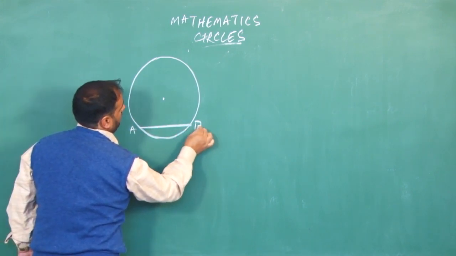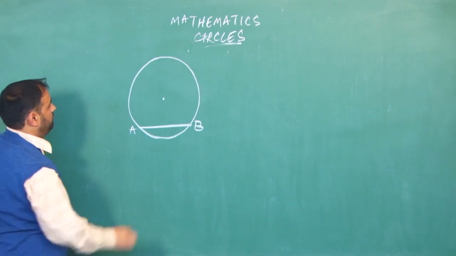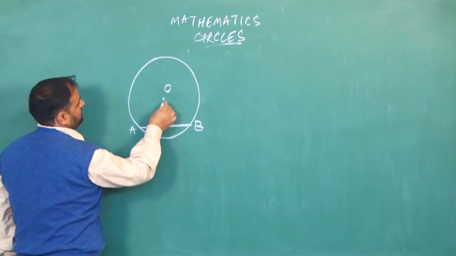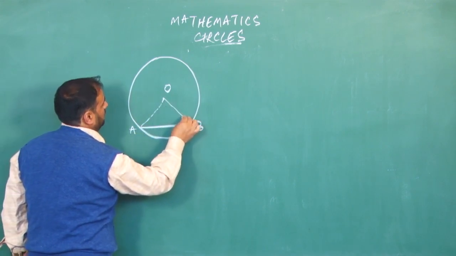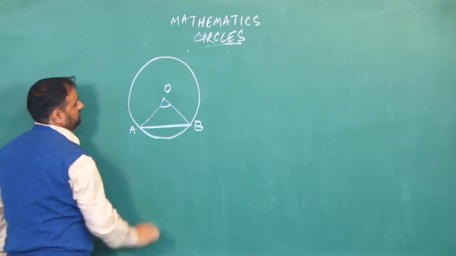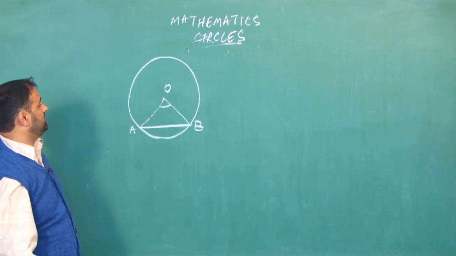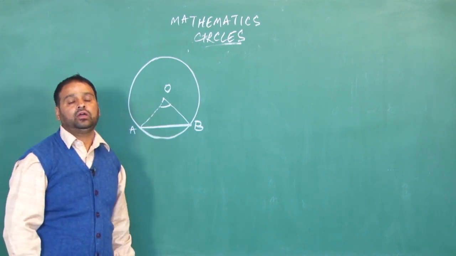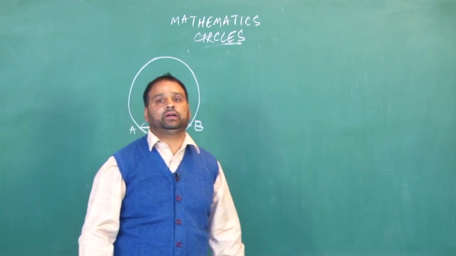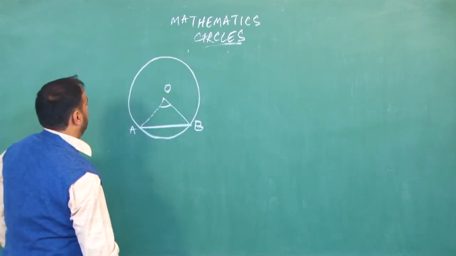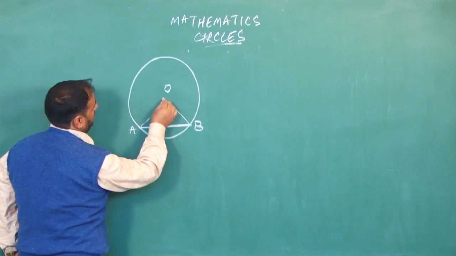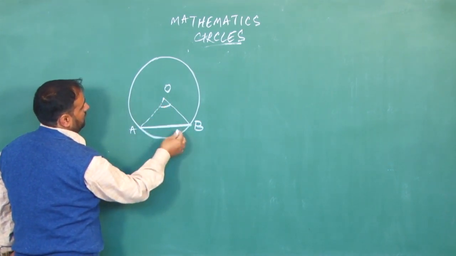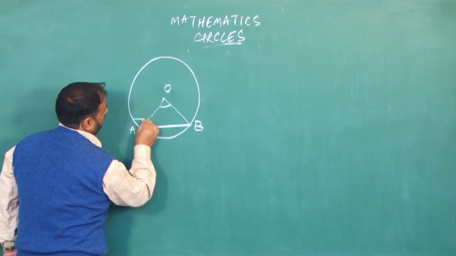Now if we join this chord AB with center O by joining OA and OB, this angle at the center made by the chord AB is AOB, and we call it the angle subtended by the chord at the center. You can see the length of the chord AB and the angle made by it at the center. Now, let's draw another chord PQ.